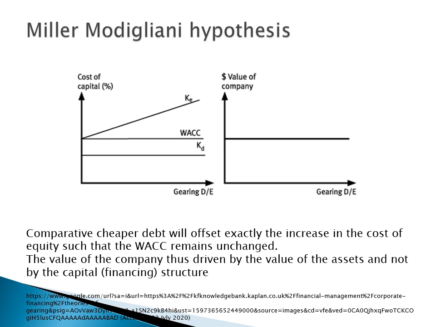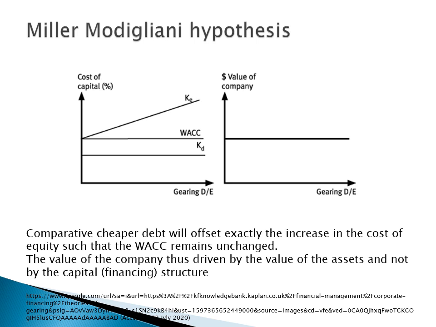So on a graphical scale, what we can see here is that the change in expected return by the shareholders, KE, that's the required rate of return on equity, is exactly offset by the additional benefits of debt, which is cheaper as we use more debt as a portion of our capital structure, and they exactly offset each other so that the weighted average cost of capital stays exactly the same.